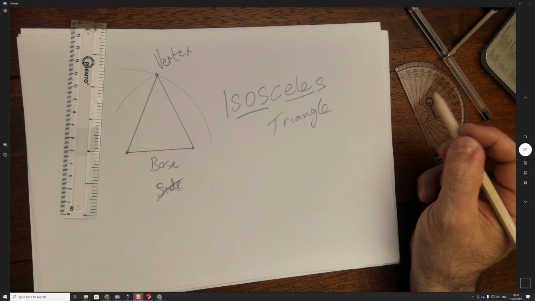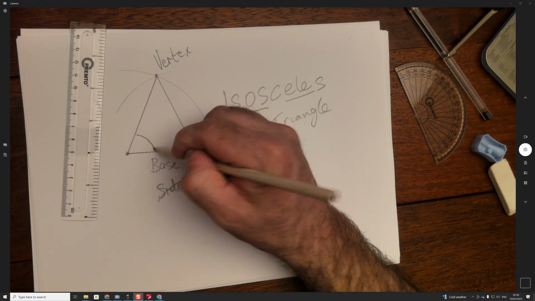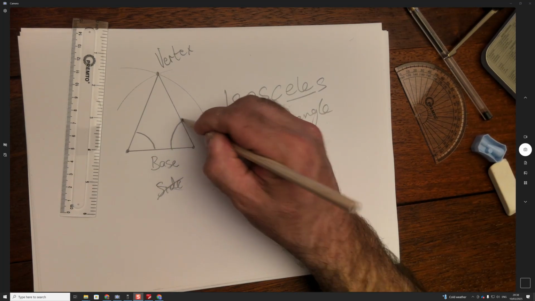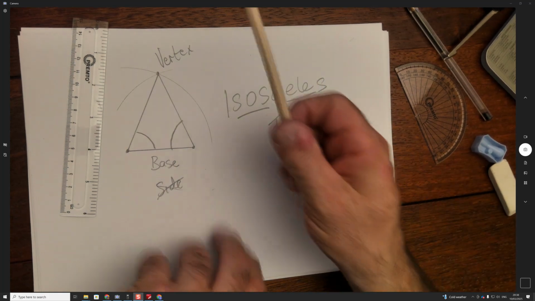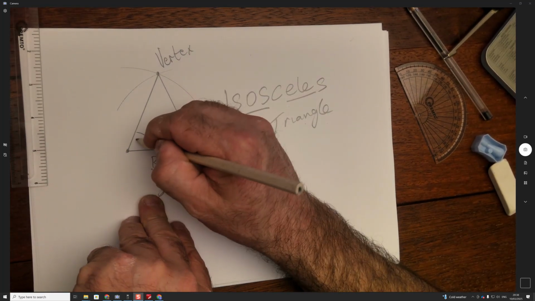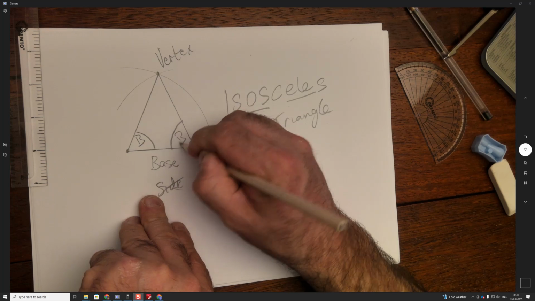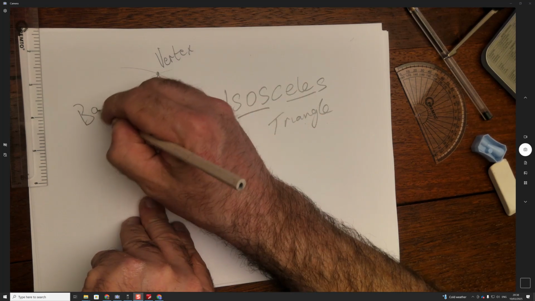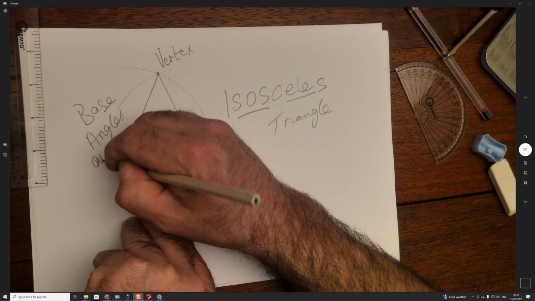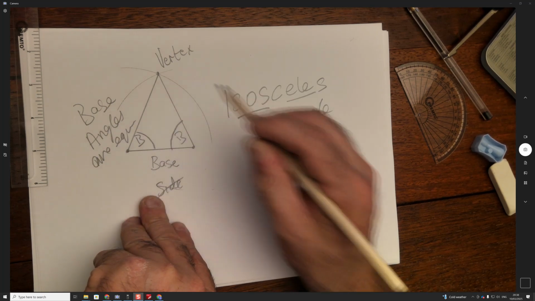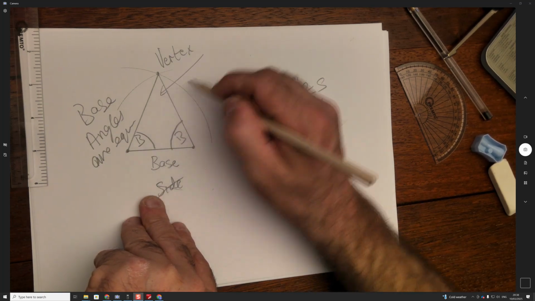Okay, these are called the base angles because they're on the base and they're equal. We might say B and B. The base angles are equal, and this is called, guess what, the vertex angle.